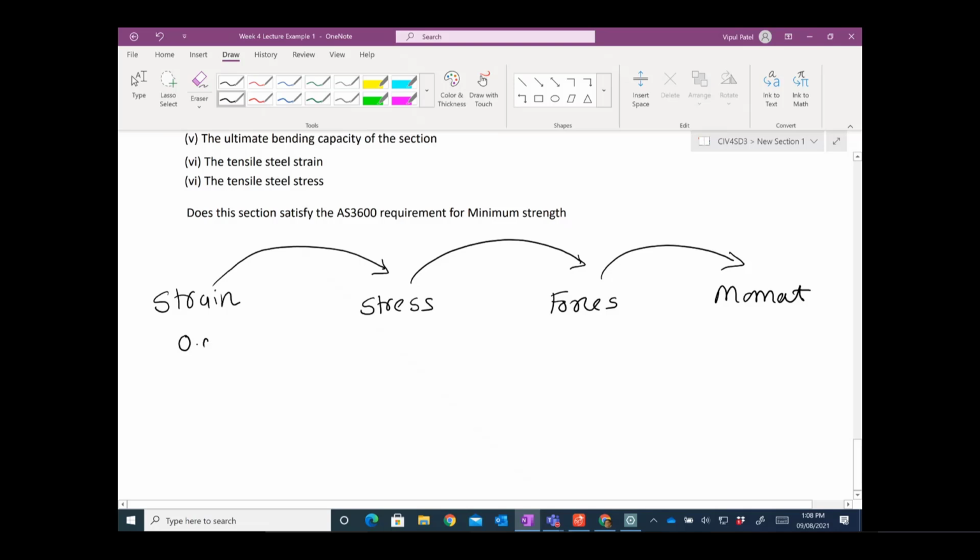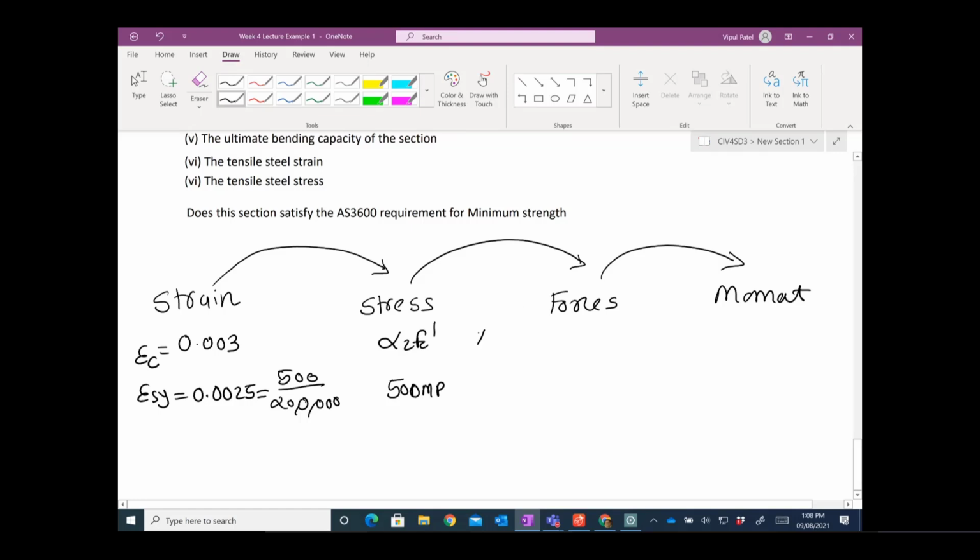How are you going to know the strain? The standard will tell you that the concrete has this strain. How are you going to find the yield strain? 500 divided by 200,000 gives 0.0025. So you will get this strain. Once you know the strain, from the stress-strain diagram you can calculate the stress in the concrete, and the stress in the steel is 500 megapascals if it is at yield.